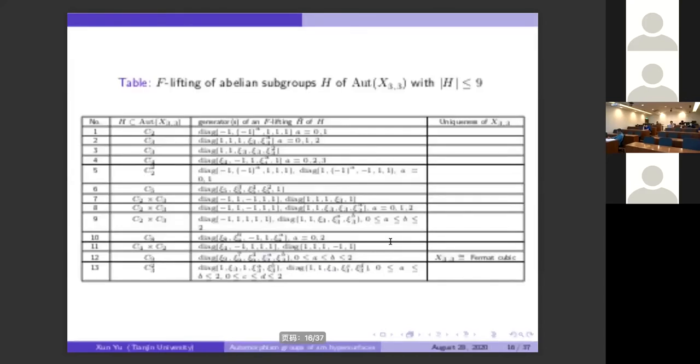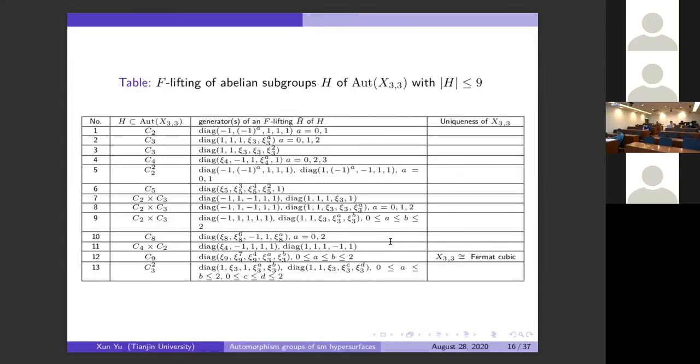Okay. So now by F-lifting, for example, this table is where we classify all abelian groups and all possible F-liftings. For example, here in this table is just the order of H less than or equal to 9.